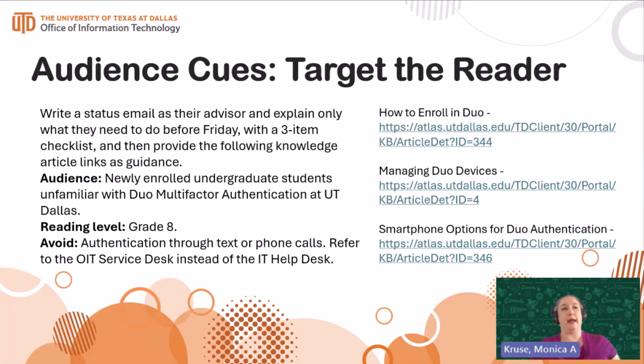Reading level is grade 8. Things to avoid: authentication through text or phone calls, because we don't do that anymore, unfortunately, and refer to the OIT service desk instead of the IT help desk. And then I provided 3 links for getting people started with Duo authentication.